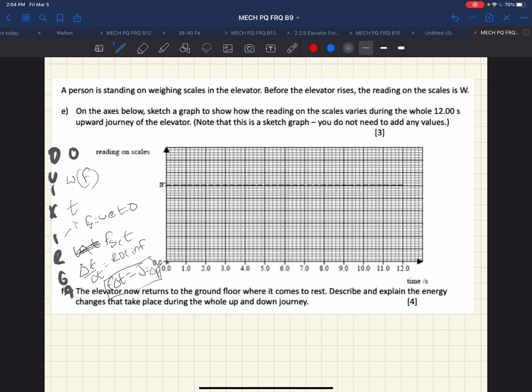All right, so we're asked to sketch a graph to show how the reading on the scale varies during the whole 12 seconds. Well, we know starting at 0.5 and ending at 0.5, it's going to read normal. It's traveling at a constant velocity. So that's key there.